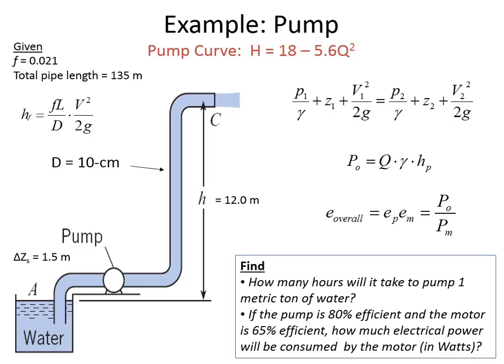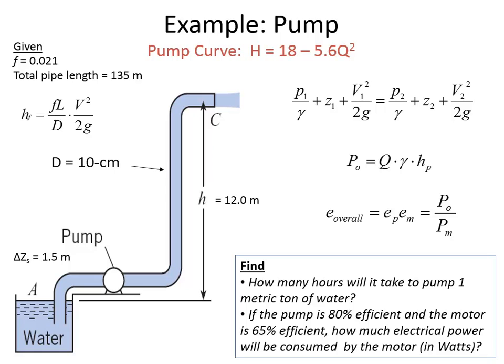So back to the calculator. 18, 5.6, 0.0155. 17.99 meters of head. So the flow rate's very, very low relative to the head that this pump is putting out.